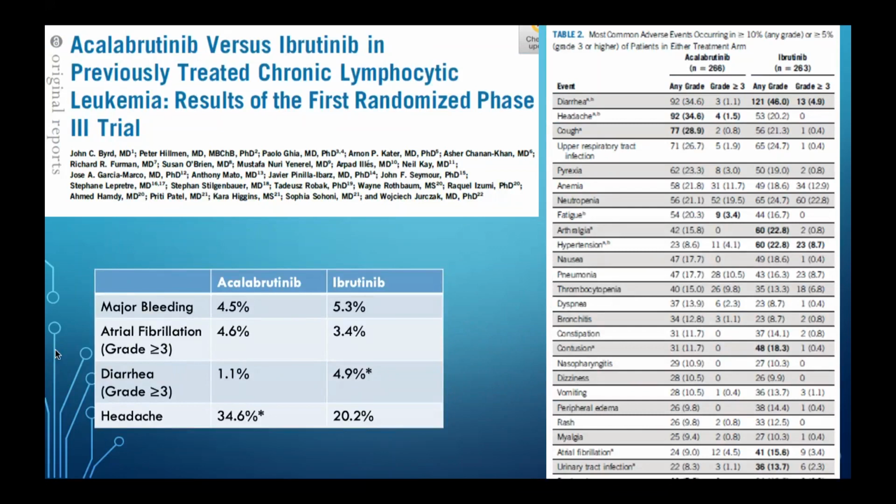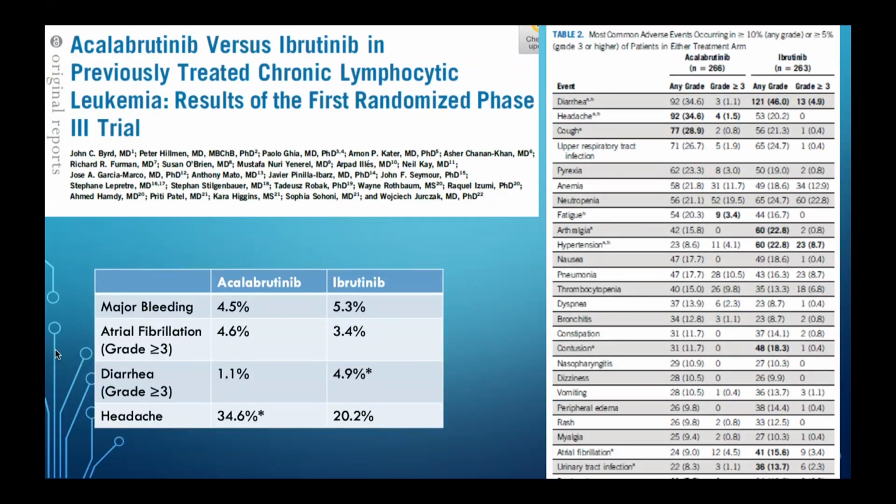And then looking at this trial that was published recently in JCO, I'd say it does turn that traditional thinking with acalabrutinib as being better tolerated, or it has me questioning it. So this is a head-to-head comparison of acalabrutinib versus ibrutinib.